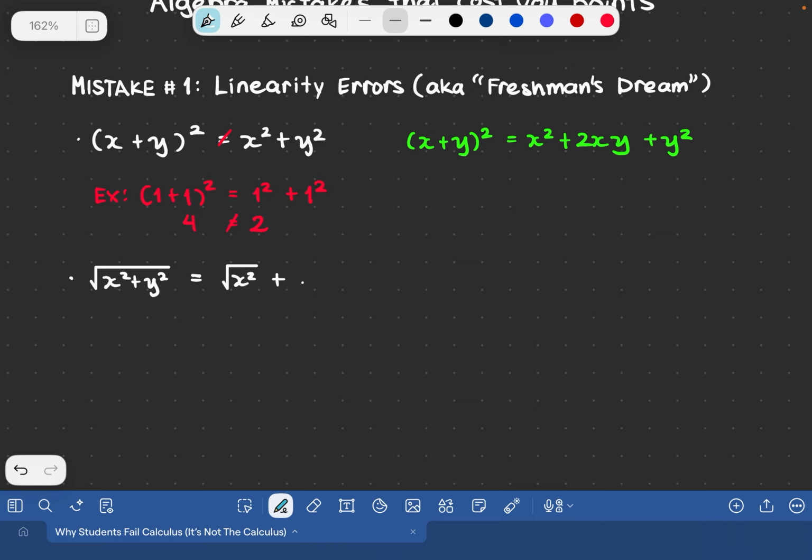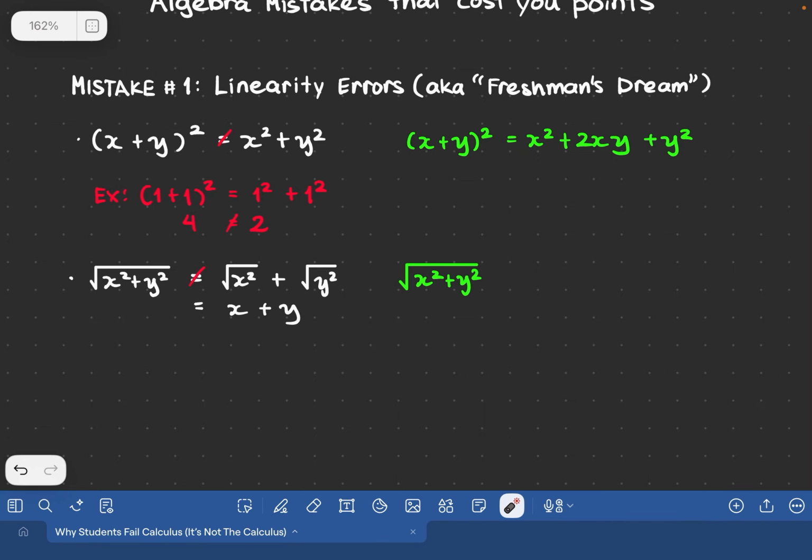So we'll have here the square root of x squared plus the square root of y squared, which yields x plus y. This one is also incorrect. The correct way to do this is to just stick with what is given to you, since when you have this form, you can't really simplify it anymore.